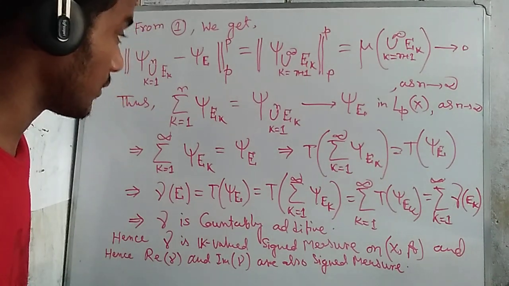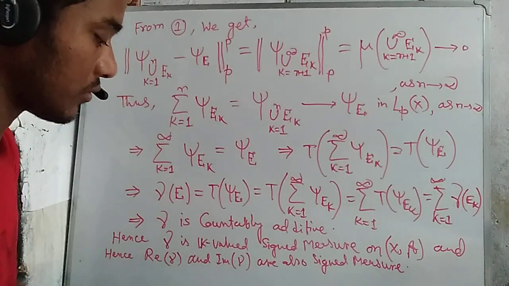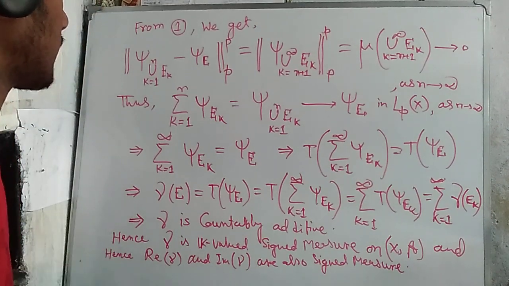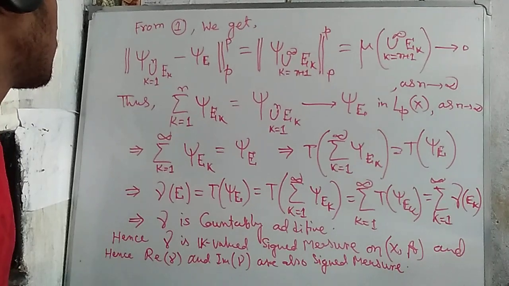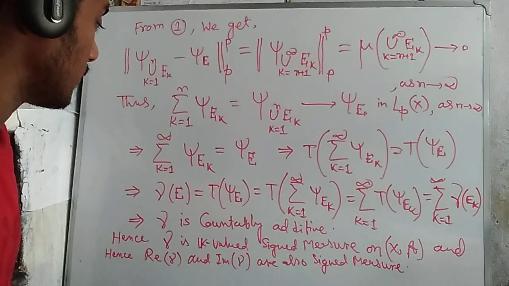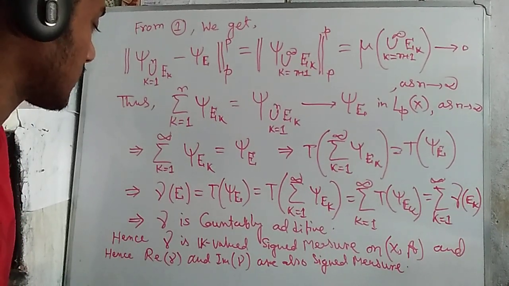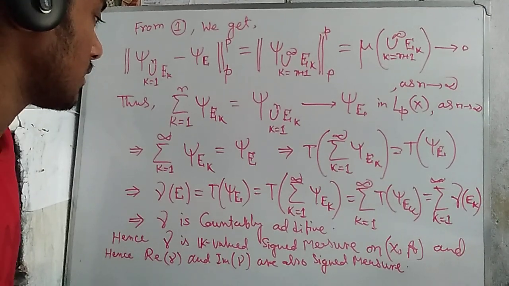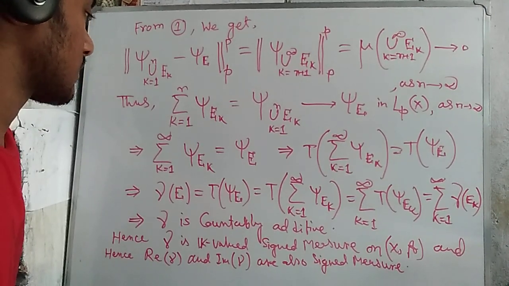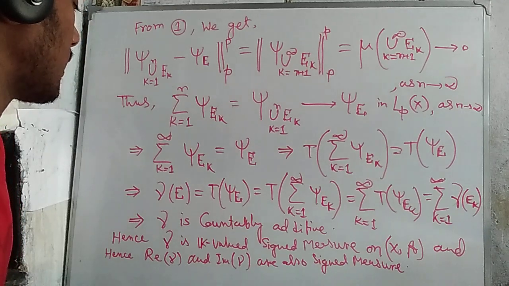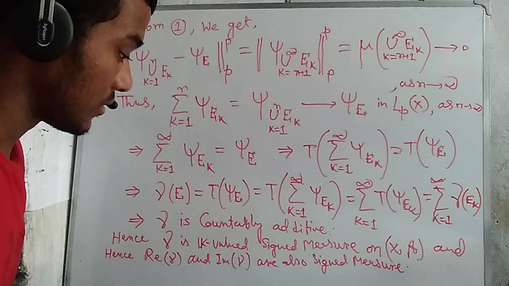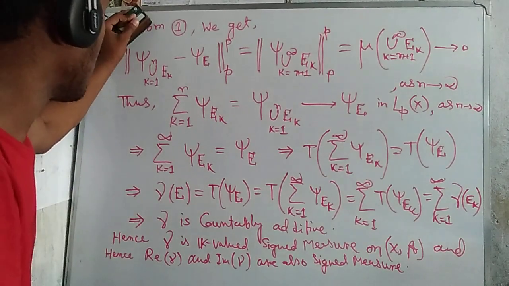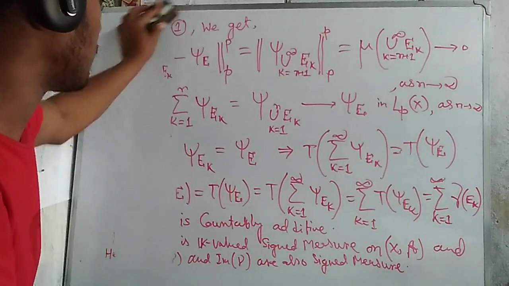Now we also erase that portion and go on to further discussion. So what we see is gamma is countably additive and a K-valued signed measure, and real gamma and imaginary gamma are also signed measures. Okay, now we go to discussion of another portion.